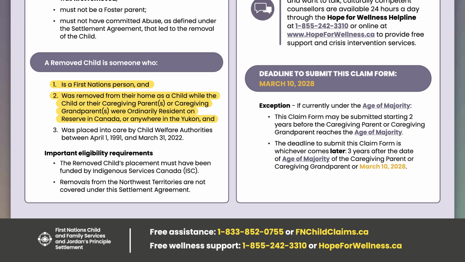This means the child's caregiving parent or caregiving grandparent were living on reserve most of the year. If this doesn't describe your experience or the experience of the person you represent, or you want more information about the various definitions, visit fnchildclaims.ca. We'll explain exactly what age of majority means a little bit later in the video.